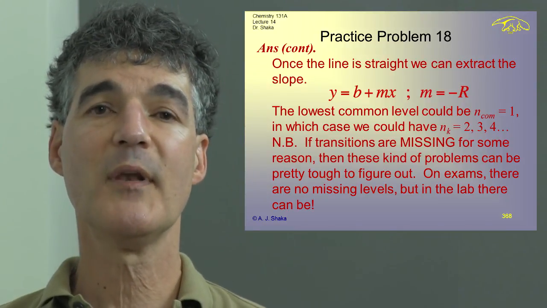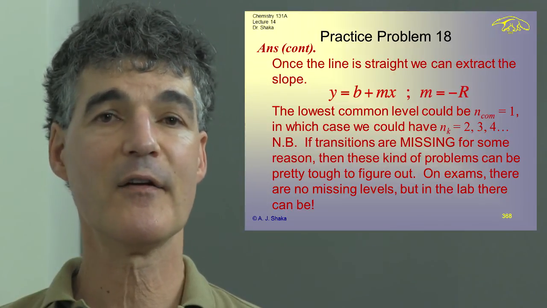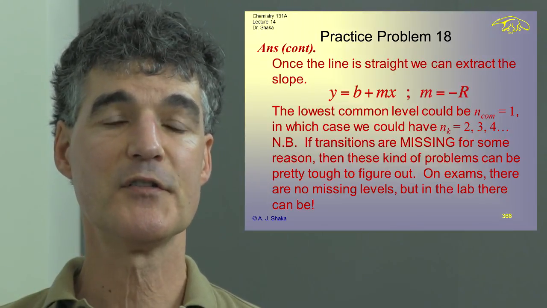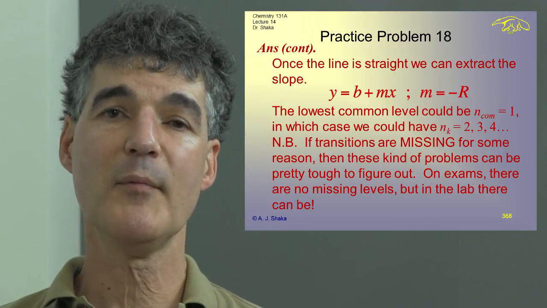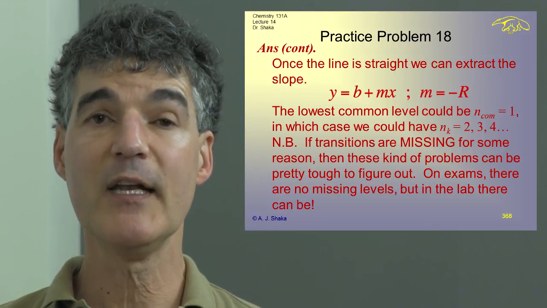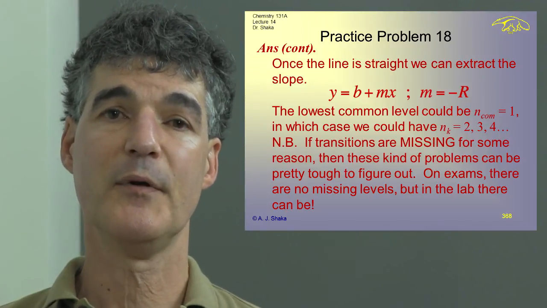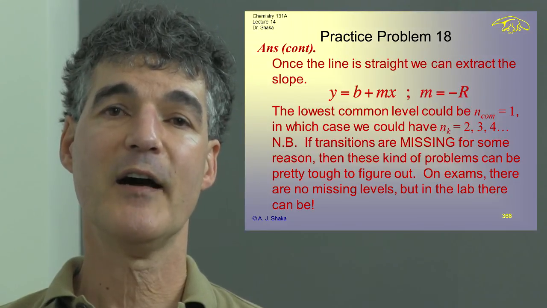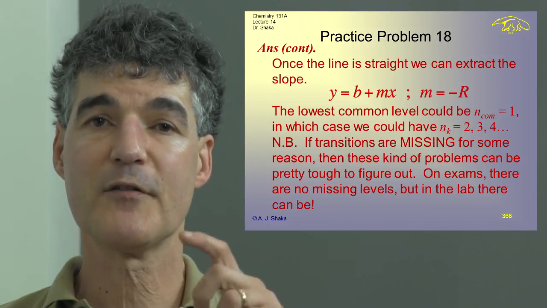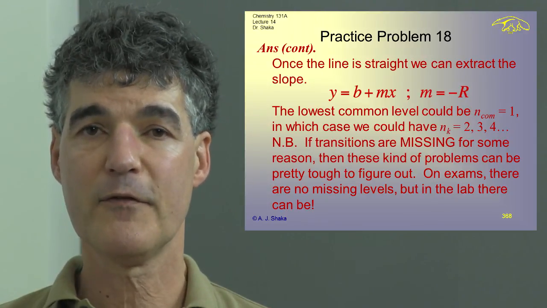Now the lowest common level could be n equals 1, so in the absence of any other information, we should assume that first and then work our way up. If the common level is really, really high, this would be a disaster because we would take forever. But we know that it can't be that high because we see a couple of electron volts, so we know it has to be one of the levels further down.